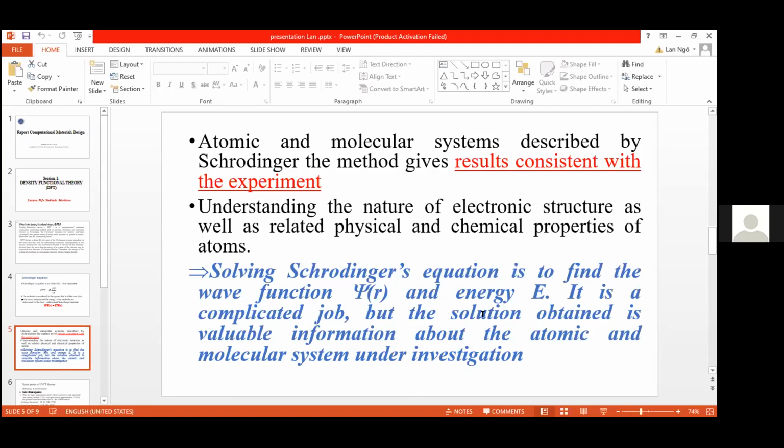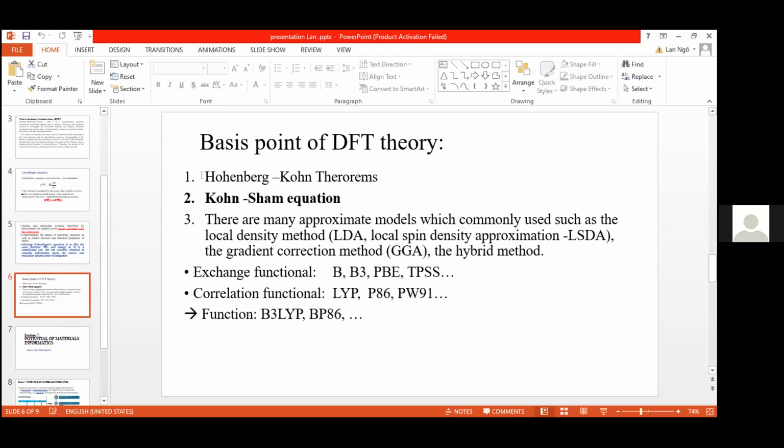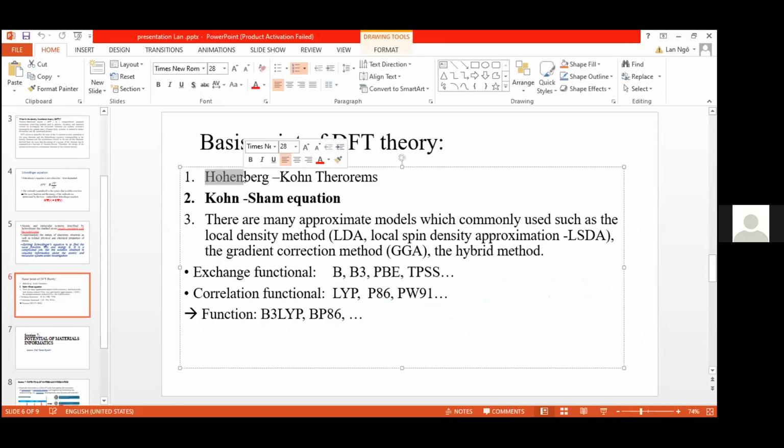Density functional theory is based on the two theorems of Hohenberg-Kohn, and based on these two theorems, we can use the Kohn-Sham equation.